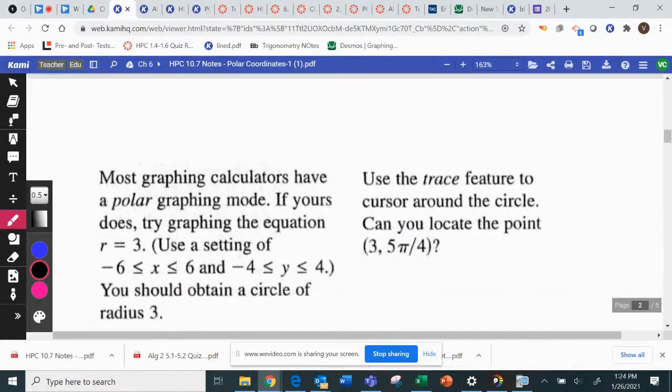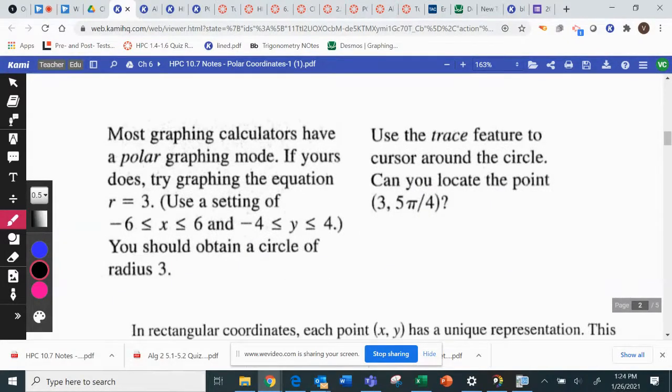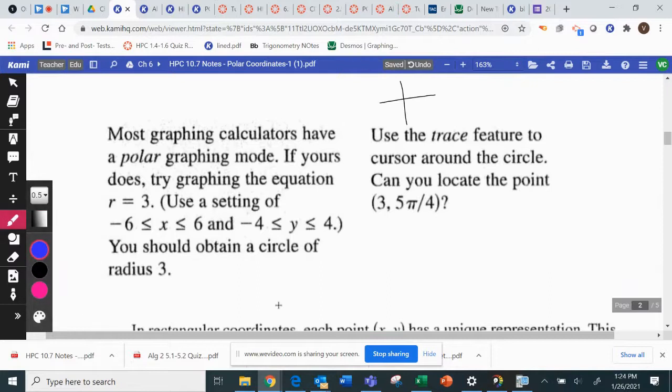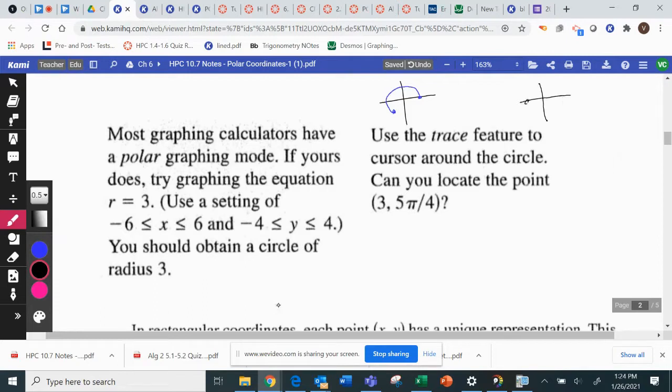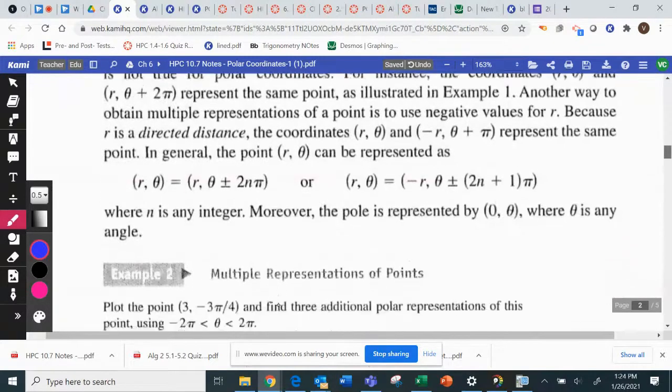What you saw when you did this calculator part is, if I graphed it starting at 3, and went over to that ordered pair 3, 5 pi over 4, or if I graphed it starting at -3 to get to 5 pi over 4, I can still get there. I can get to that same location from either of those starting points. So there's different ways of writing the ordered pairs.